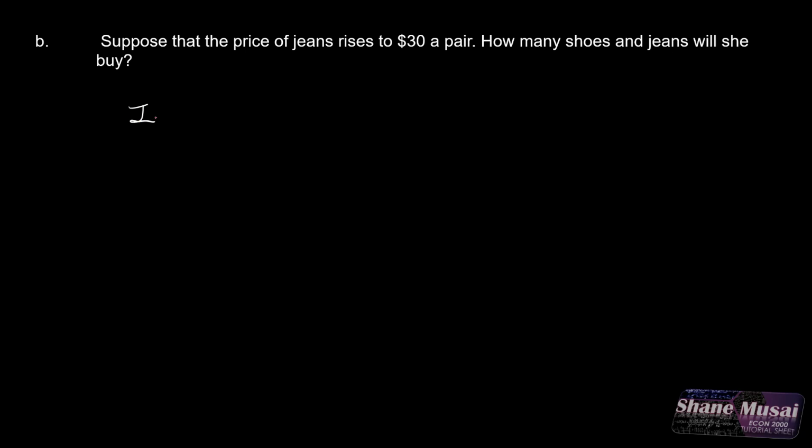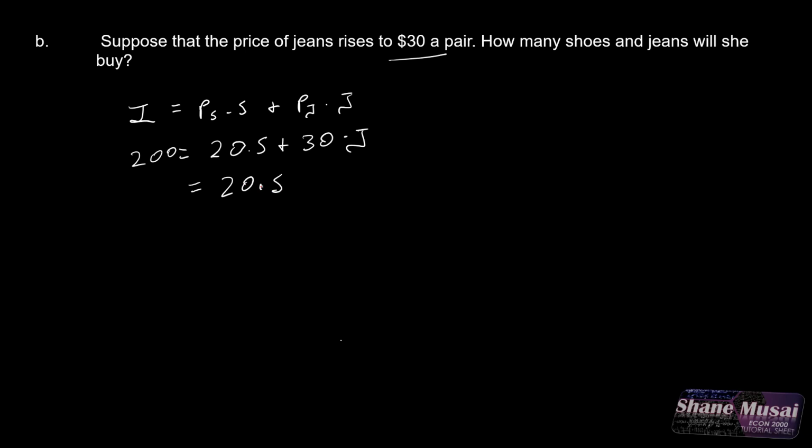Well, we'll use the same equation from before. Her income would be spent by having the price of shoes times the number of shoes plus the price of jeans times the number of jeans. So shoes is still $20, so 20S plus, but jeans is now $30, so 30J is equal to 200.